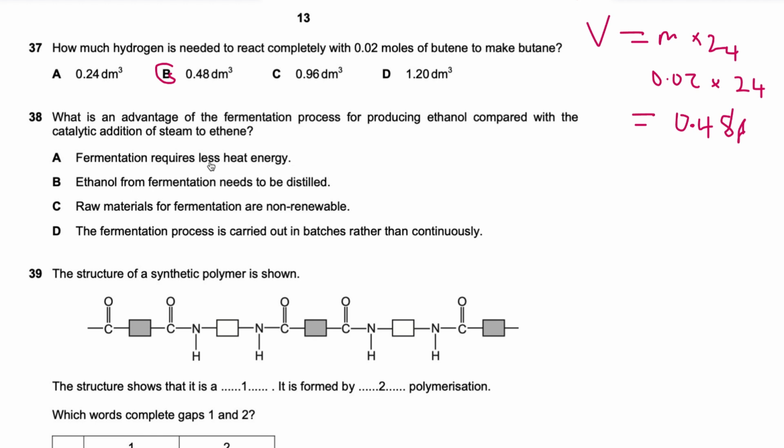Ethanol from fermentation needs to be distilled, no. Raw materials for fermentation are non-renewable? No, they are renewable. The fermentation process is carried out in batches, no. So requiring less heat energy, I think A will be absolute.